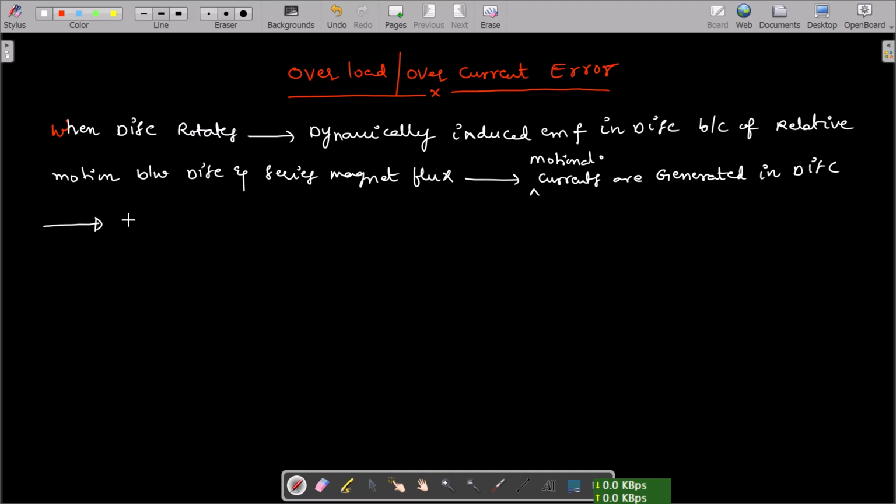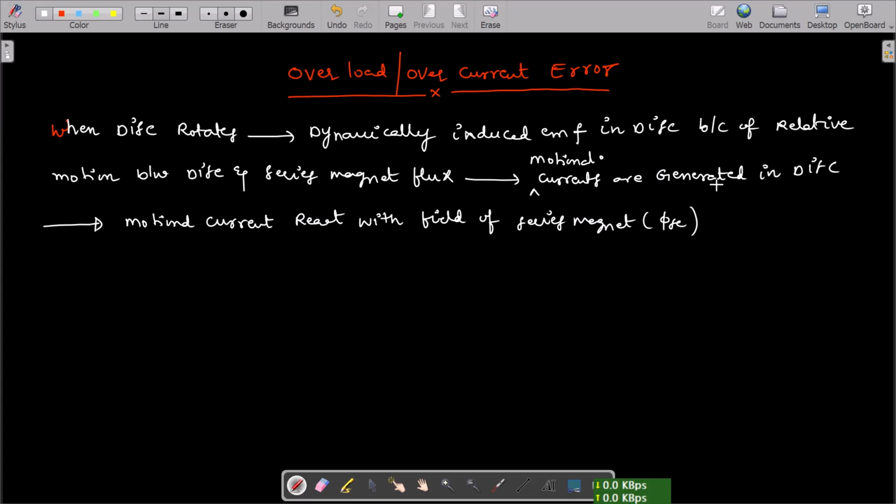Then what will happen? These motional currents react with the field of the series magnet, that is phi SC, and produce a self braking torque.